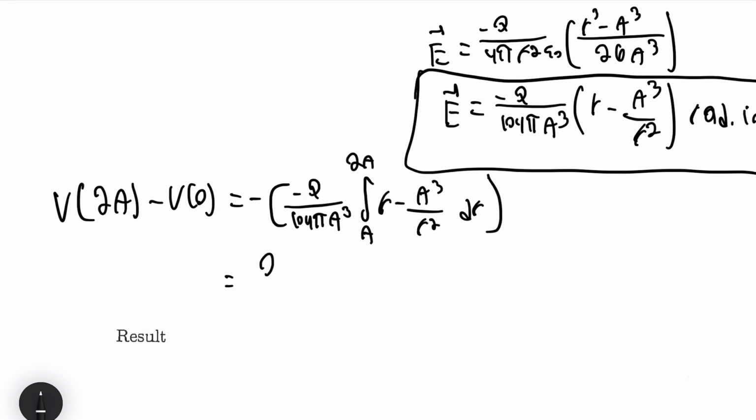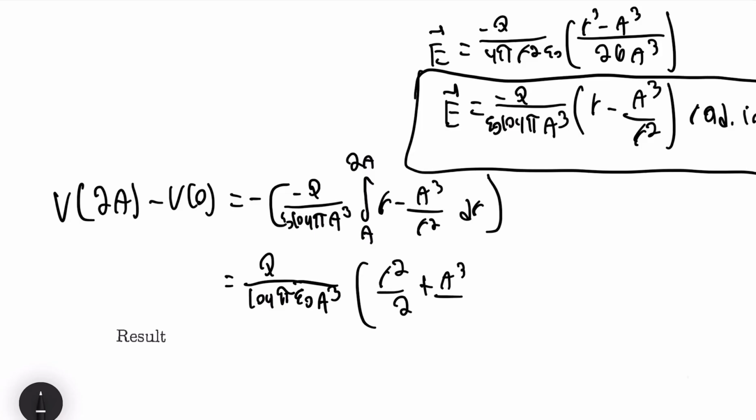So I'm left with Q over 104 pi epsilon naught a cubed times my integral. So that's r squared over 2 plus a cubed over r, right? From a to 2a.